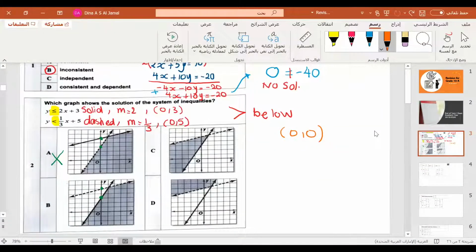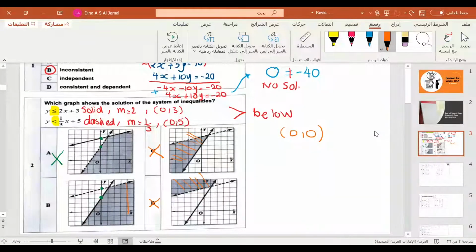So let's check this one. Here it's shown that it is above. Here it's shown that it is above and there is no intersection. So D, you have to exclude it from the beginning. And now look at this. That means we excluded C and D. Now let's check this one.